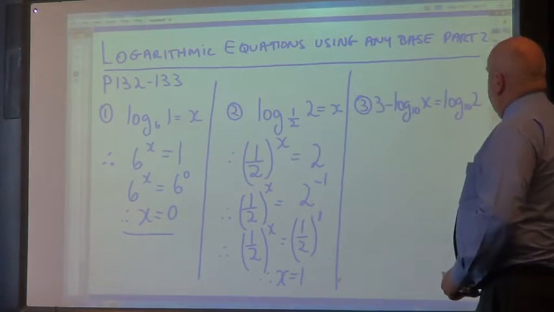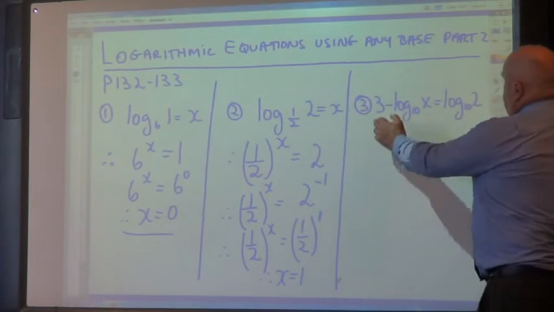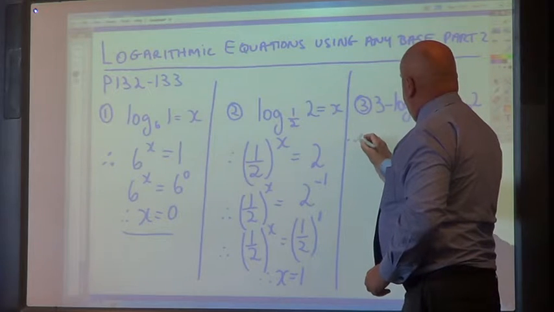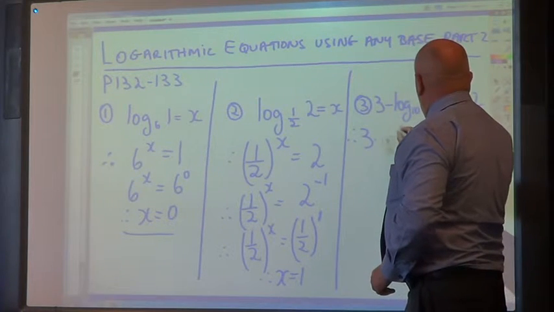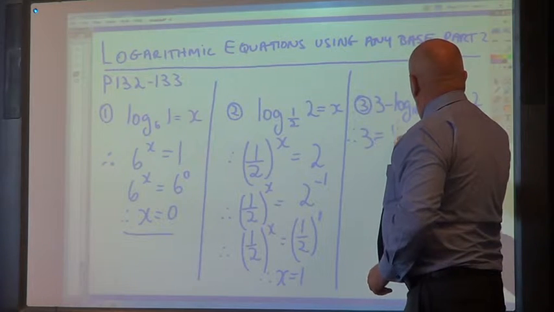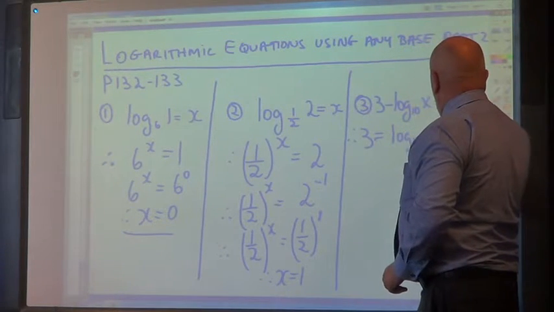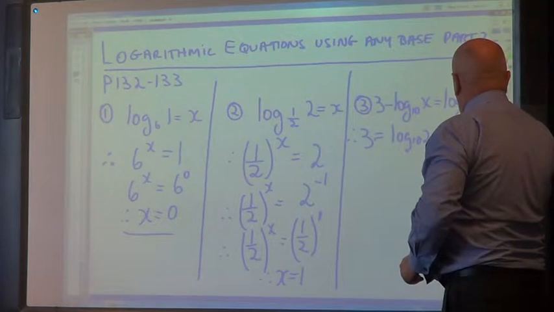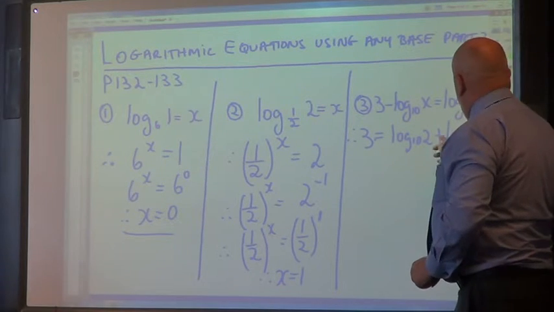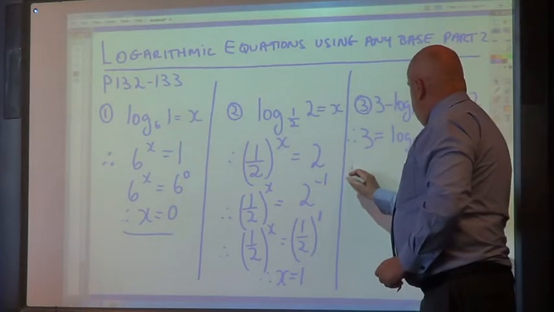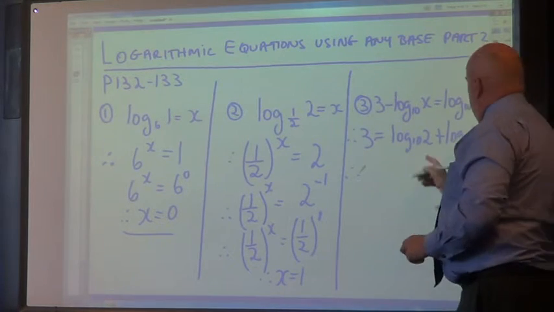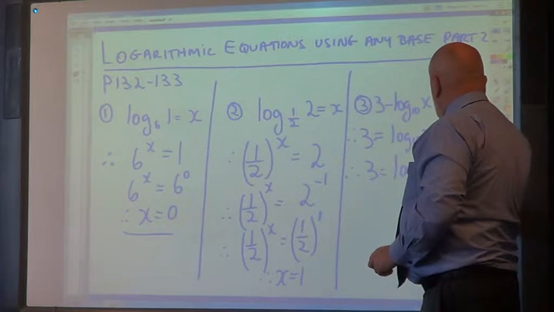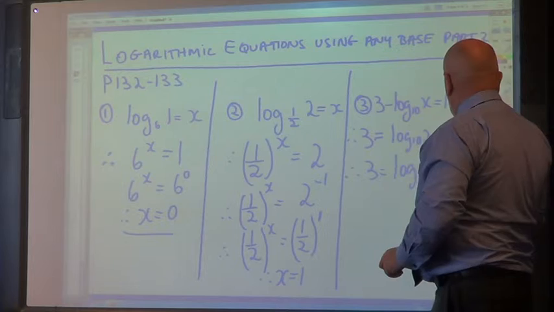Okay? Let's have a look at this one. You couldn't kettle a fish, this one. What we might have to do here is add log base 10 of x to both sides. And thus we would get 3 equaling log base 10 of 2 plus log base 10 of x. And so using that log law we saw quite a while back, we would say 3 equals log base 10 of 2x, isn't it?